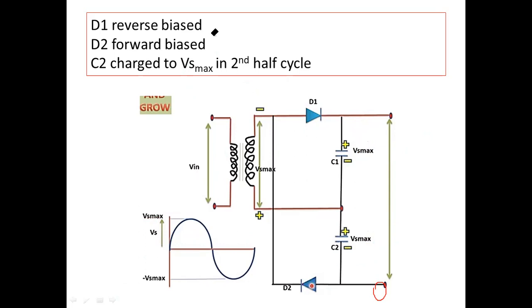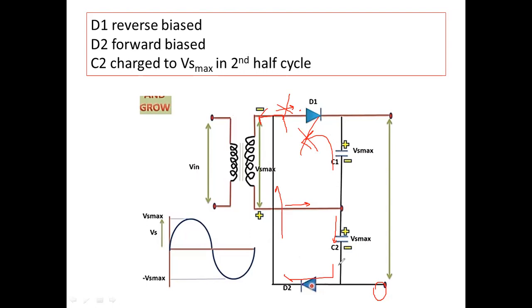So the current will move through this direction, and then this, not flowing to this, because this will be reverse biased. If this current wants to flow through this direction, it will be reverse biased. So it will follow this path.